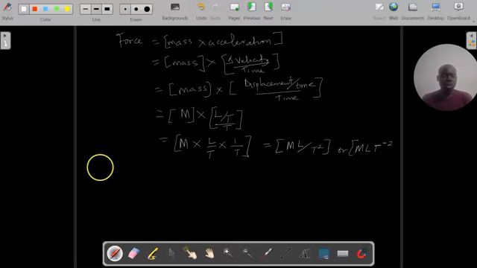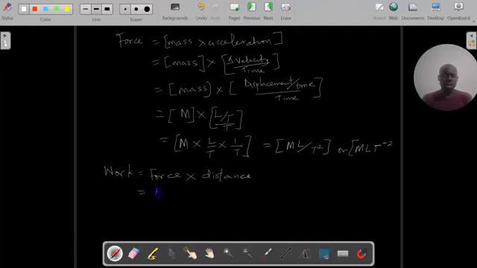Which other one? Let's look at work. The formula for work is force multiplied by distance or displacement, the distance covered in the direction of the force. Since we already know the dimension of force, I'll just pick it up from here.